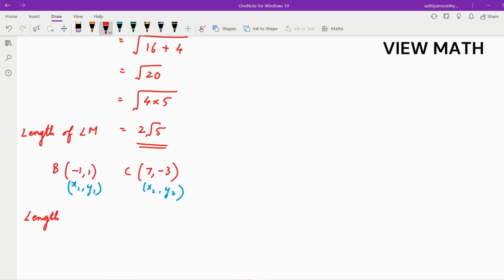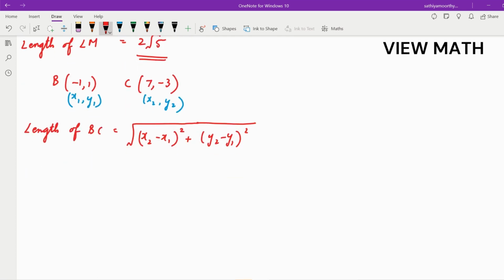Length of BC is equal to, first let me write the formula, x2 minus x1 the whole square plus y2 minus y1 the whole square. Now I am going to substitute the values in this formula to find out the length of BC. x2 is 7 minus x1 is minus 1. Already I have a negative sign, so it becomes plus 1 the whole square plus y2 is minus 3 minus y1 is 1 the whole square.